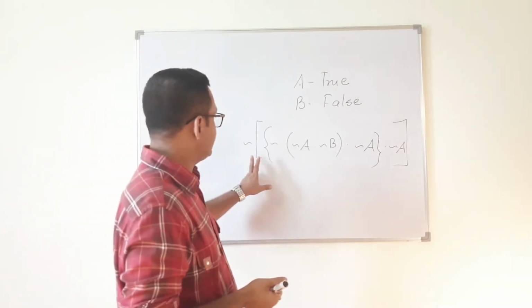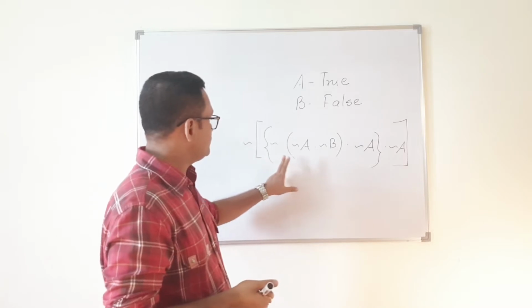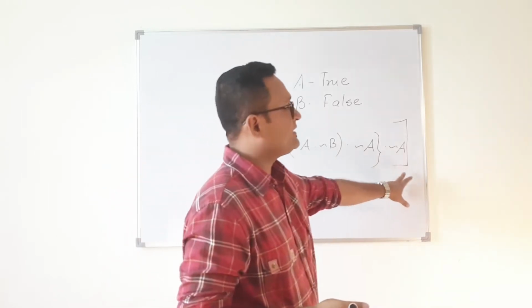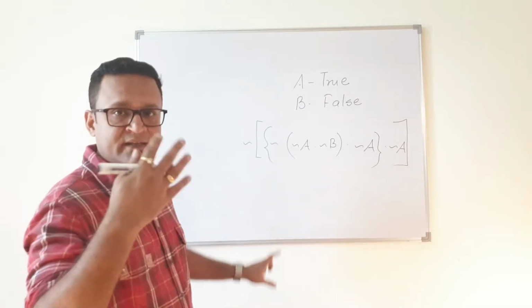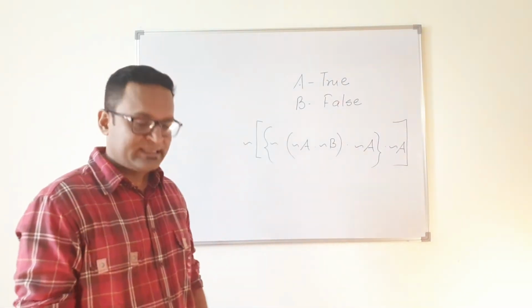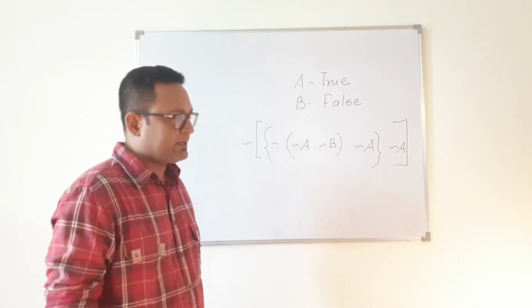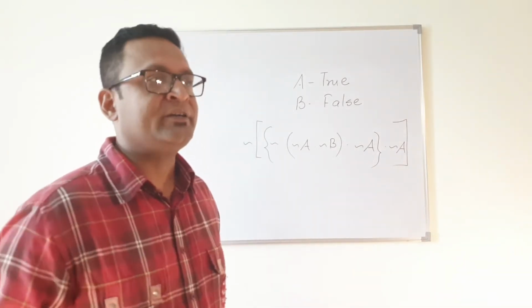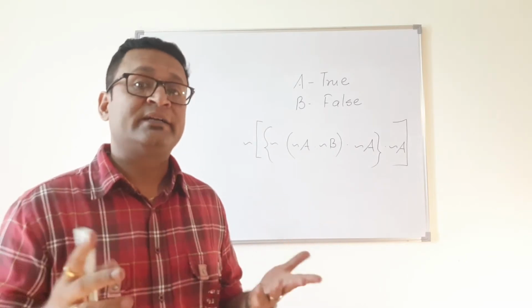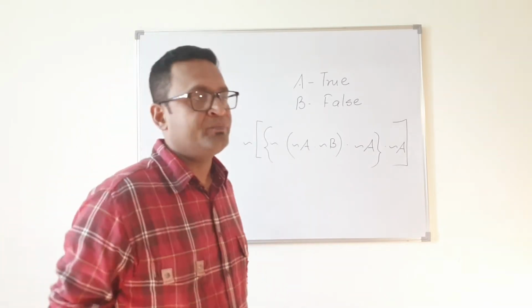You can see there are 3 brackets on the left, 1, 2, 3, and 3 brackets on the right, and this is the first bracket, this is the second, and this is the third, as we have discussed in the previous lectures. Because there can be some anomaly with the bracketing, first you have to make it proper. If there is no bracket, you know how to put the brackets.